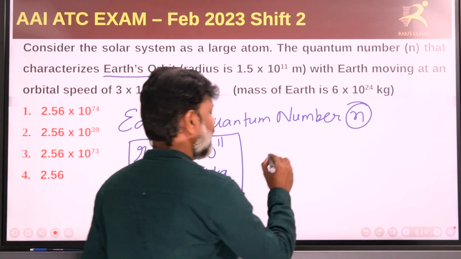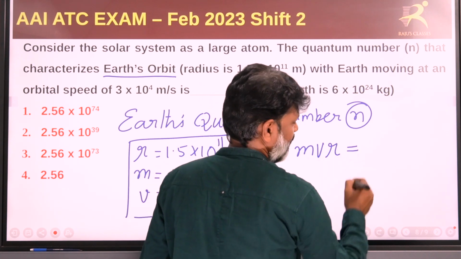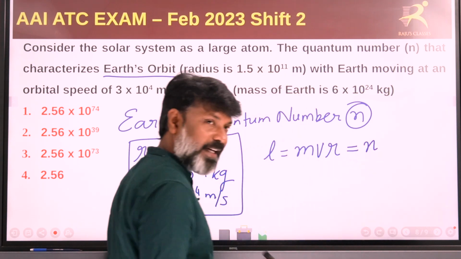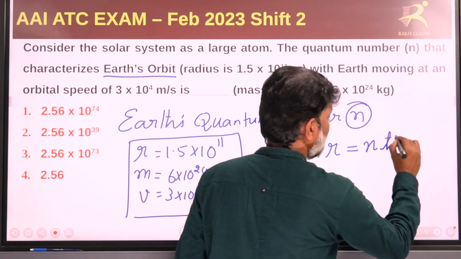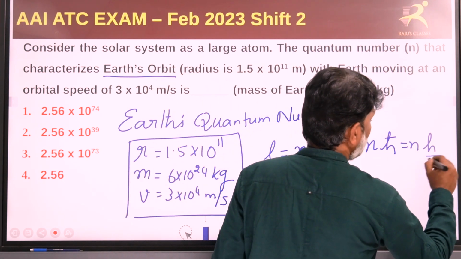We know very well that the angular momentum formula is mvr, which is nothing but the quantum number of Earth multiplied by h bar, that is the reduced Planck's constant, or n into h by 2 pi.